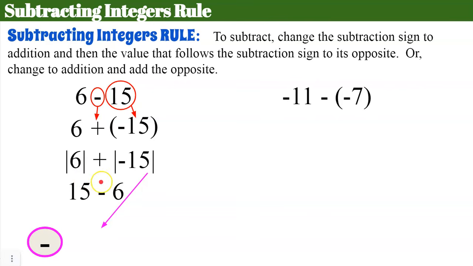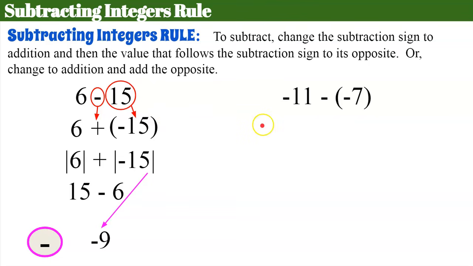Remember, the absolute value of anything is positive. 15 subtract 6 is 9, and it's -9, again because the largest absolute value was originally negative. So you remember that if the signs are different, the larger absolute value dictates what your sign will be of your sum or difference.